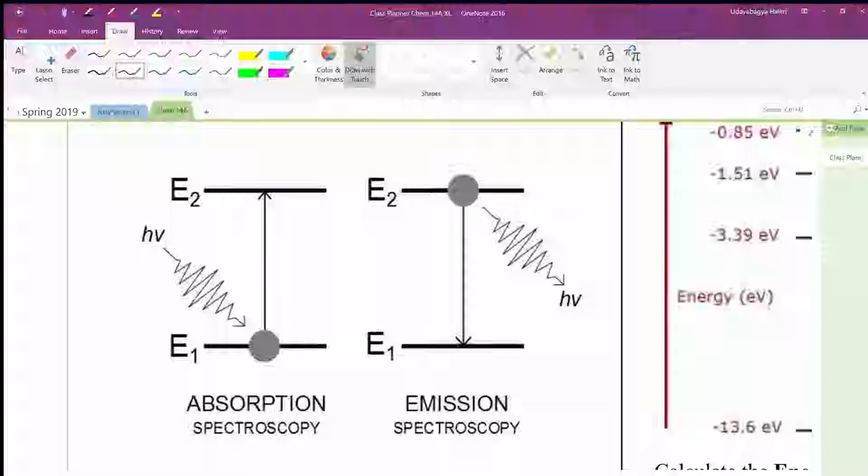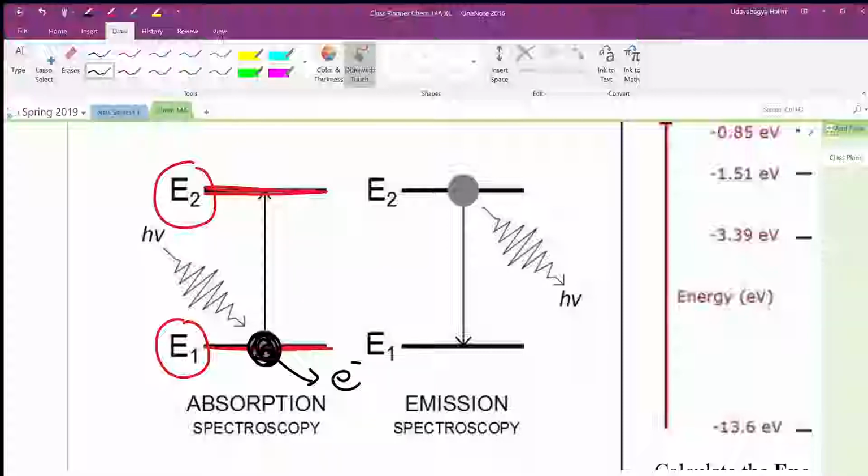But essentially, the concept is pretty straightforward. We have a variety of molecules with different energy levels. Specifically, we're talking about the energy of particular electrons here. If we simply shine some particular energy of light, so that's E equals hv, the energy of a photon, and if the energy of the photon is exactly equal to the energy difference between these two states, then you have an absorption.